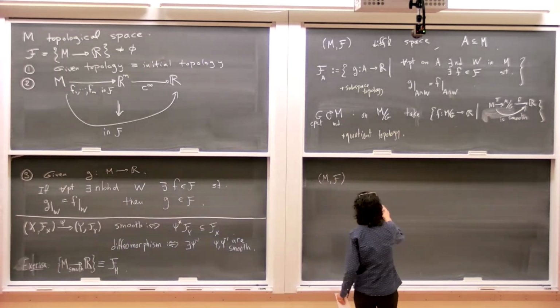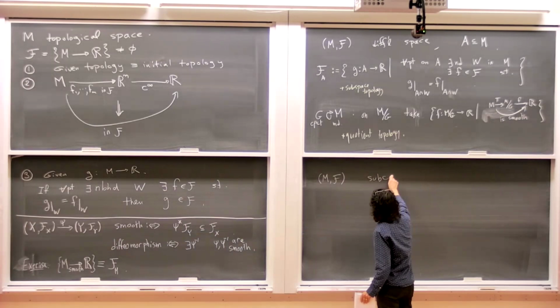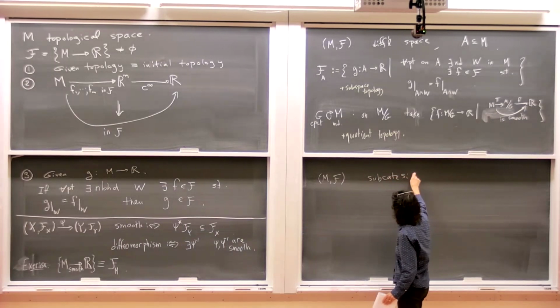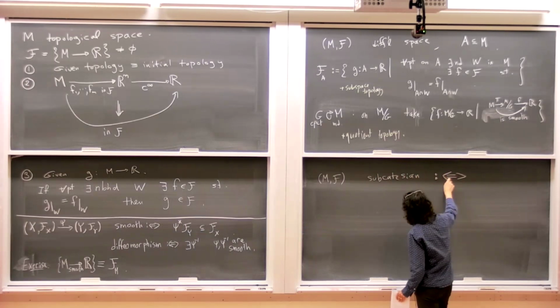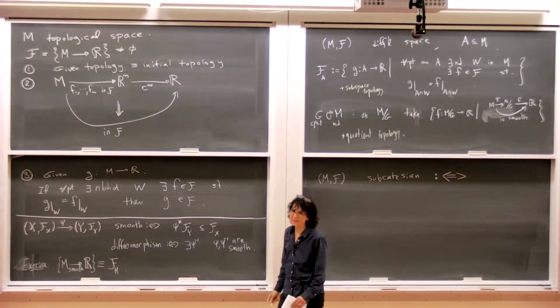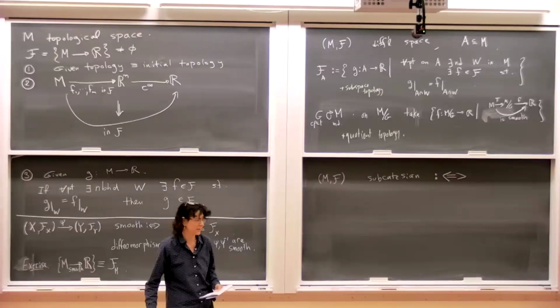So a differential space is subcartesian if and only if it is locally modeled on arbitrary subsets of Cartesian spaces in the following sense.